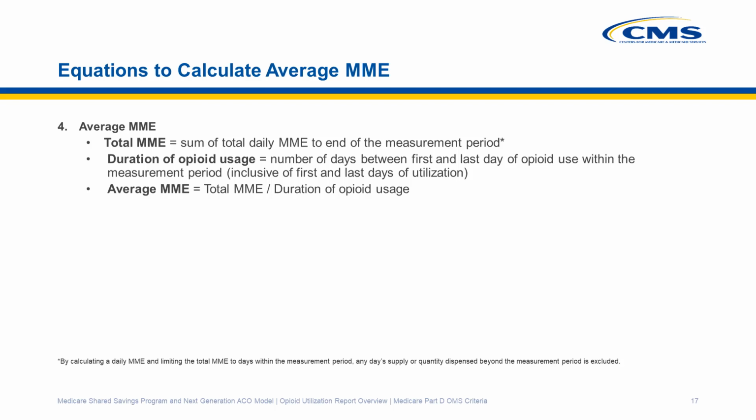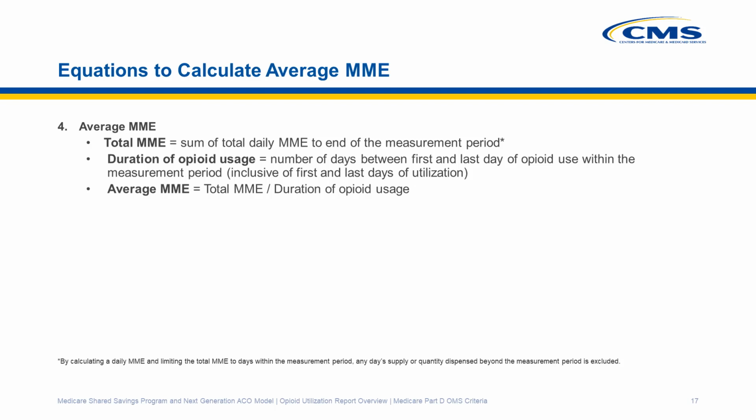The duration of the opioid use is determined by calculating the number of days between the first and last day of opioid use within the measurement period, inclusive of first and last days of utilization. By calculating a daily MME and limiting the total MME to days within the measurement period, any day supply or quantity dispensed beyond the measurement period is excluded.